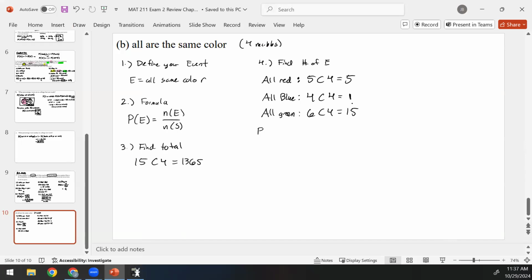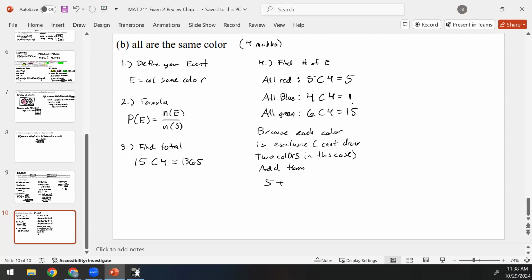And so because each color is exclusive, you can't draw 2 colors. In this case, we add them.